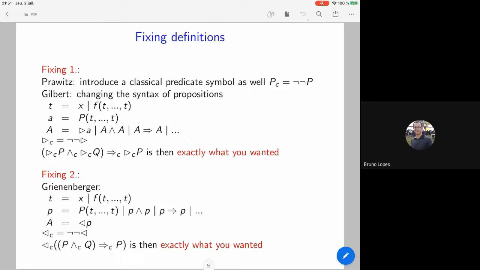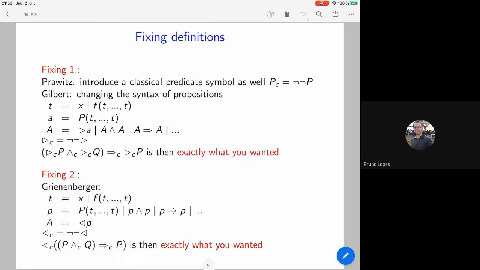So in this case, the proposition P and Q implies P is now written in this way because you have to make the embedding, the cast of the atom into a proposition explicit, and you have to choose a classical cast. And using the definitions we got, you get that this proposition is exactly what you wanted. So you have double negations everywhere.